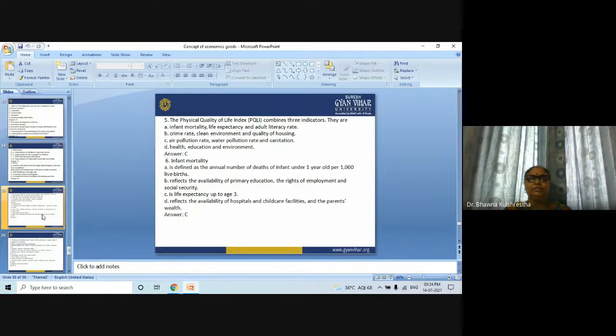And next question: the physical quality of life index combines three indicators. They are infant mortality, life expectancy, and adult literacy rate; crime rate, clean environment and quality of housing; air pollution rate, water pollution rate, and sanitation; and the last option is health, education, and environment.